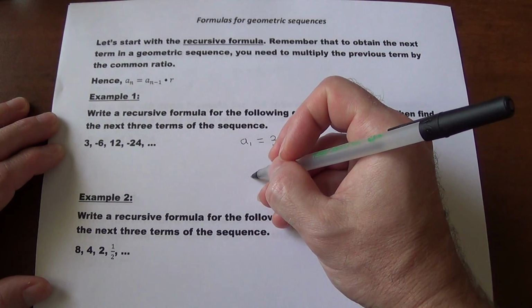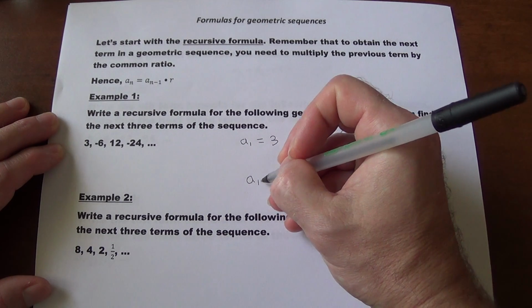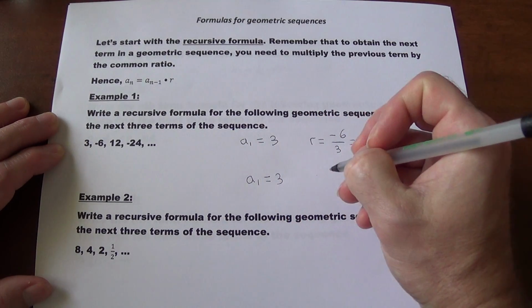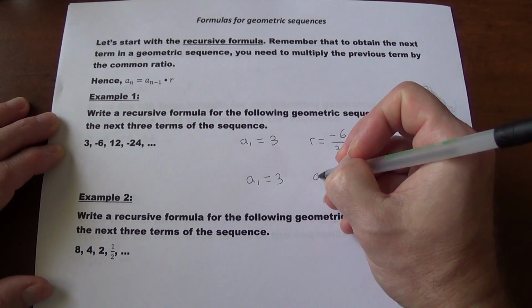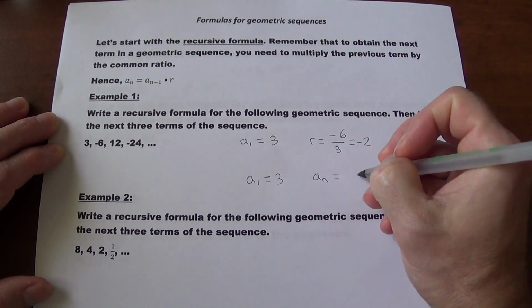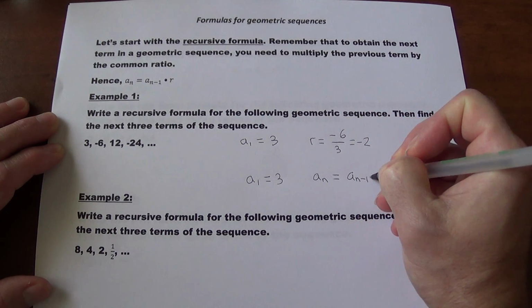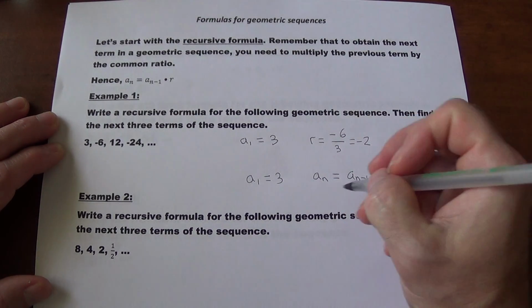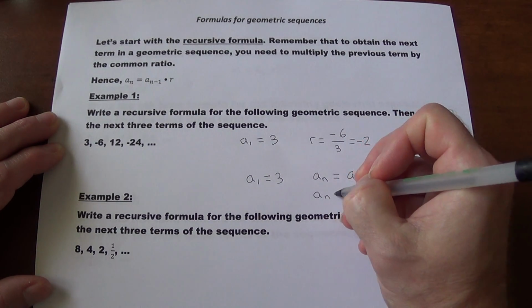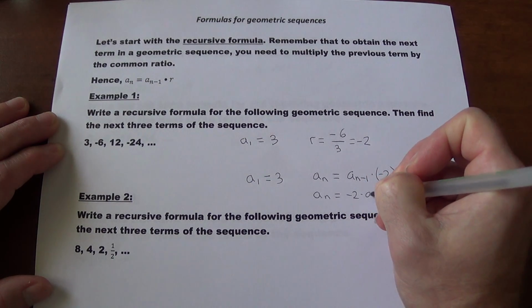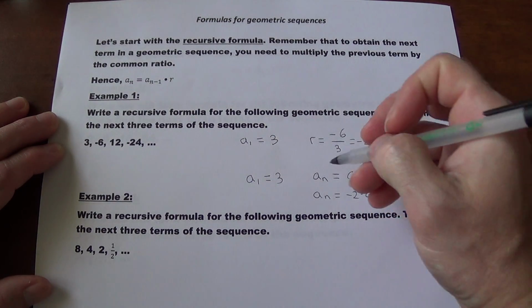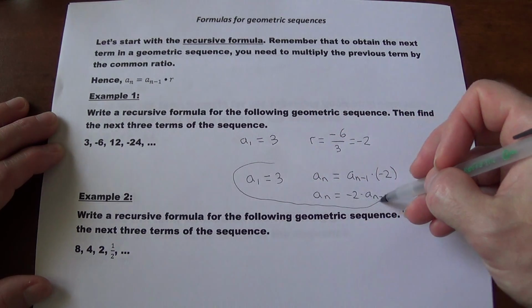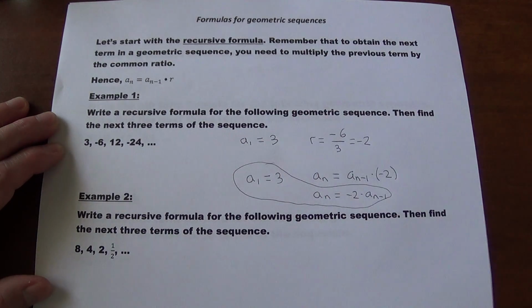And then to write our answer, the first term is 3, and then the formula itself will be a sub n equals a sub n minus 1 times -2, or it is better to write it like this: a sub n equals -2 times a sub n minus 1. It just looks nicer that way. And that's the answer for that.